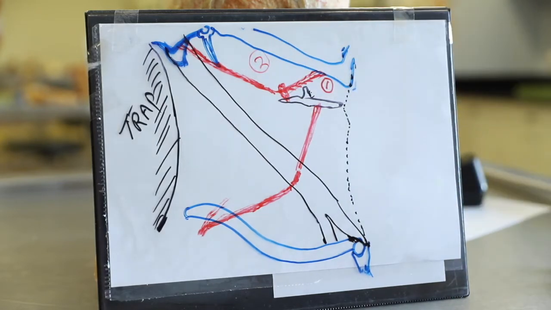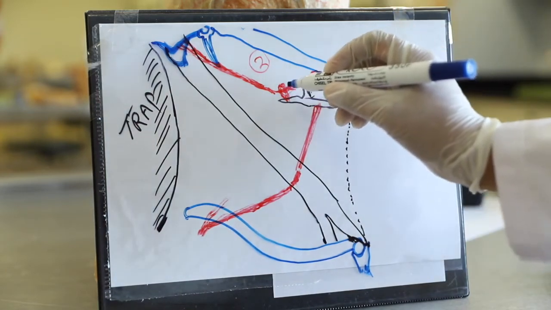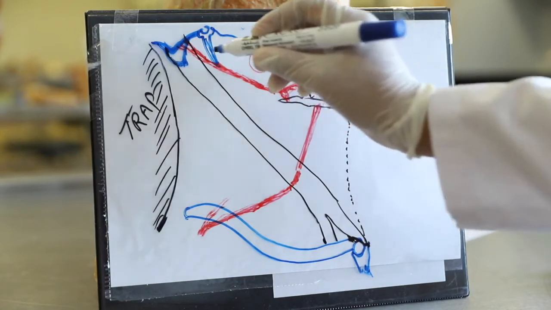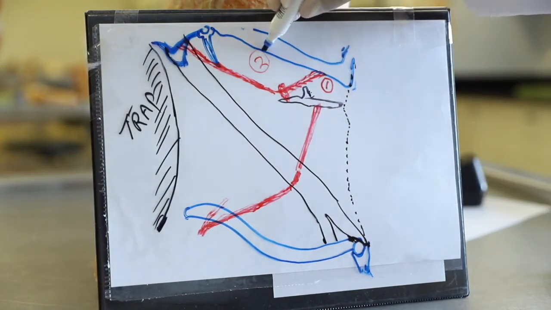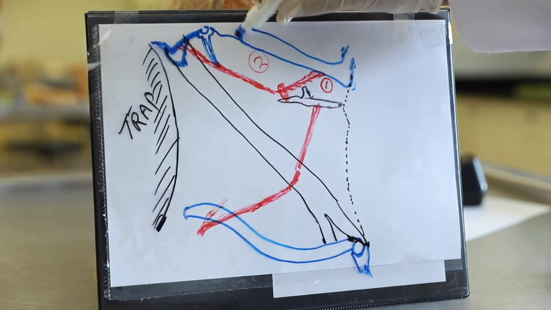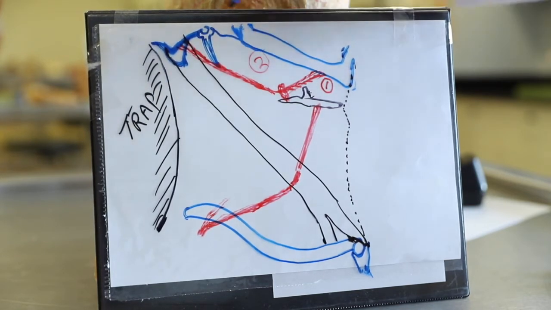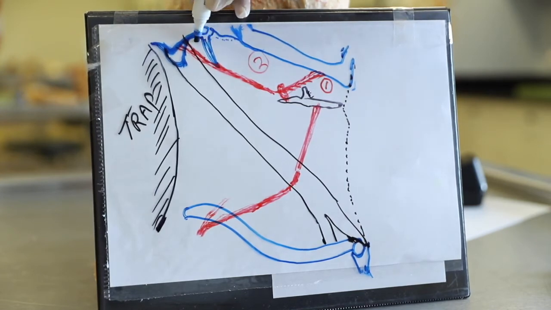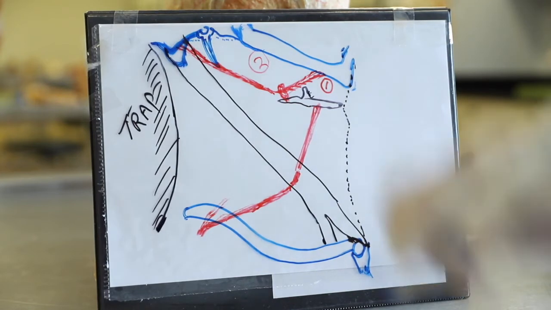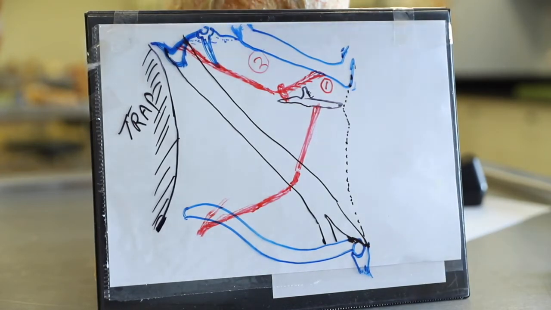The submandibular triangle is bordered by the anterior belly of the digastric, the posterior belly of the digastric, and the lower border of the mandible, here, and the line that extends from the mandible to the mastoid process.